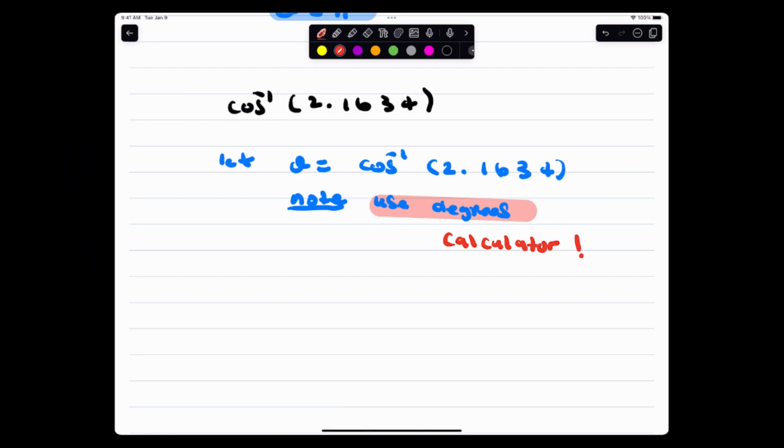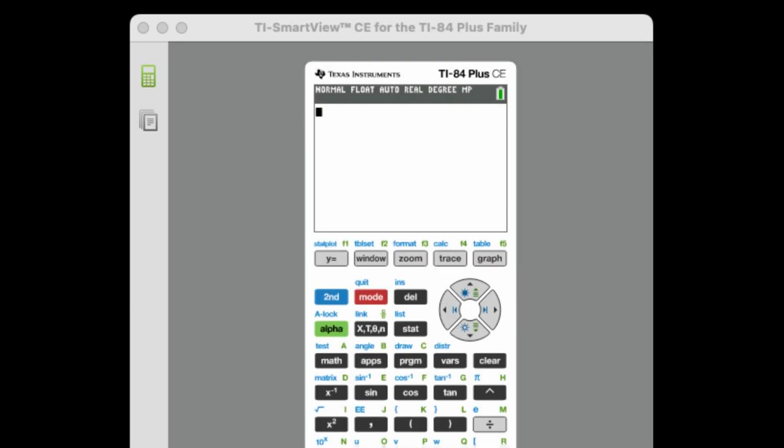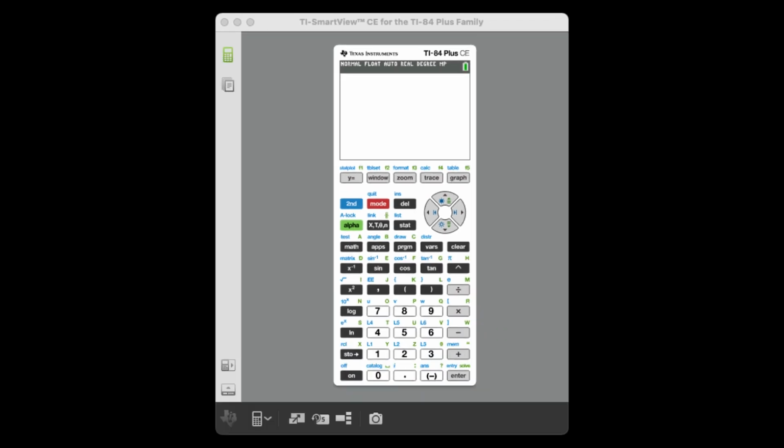So let's see what that is. Second inverse cosine, we say 2.1634. Close that, and what do we get? You get an error on this. You go, what?